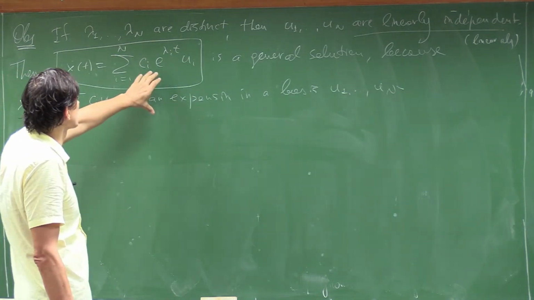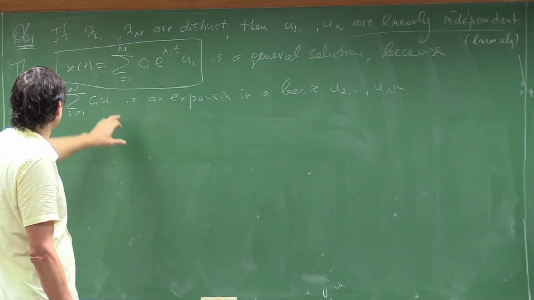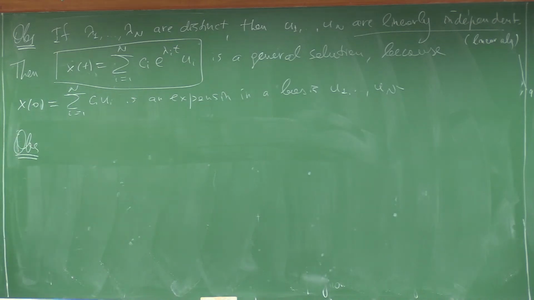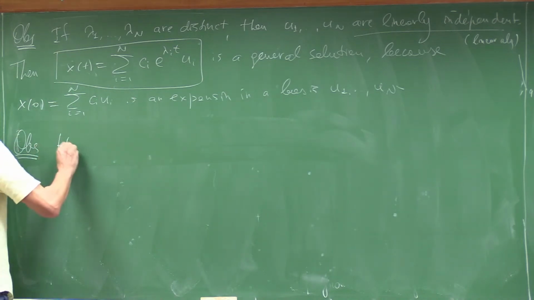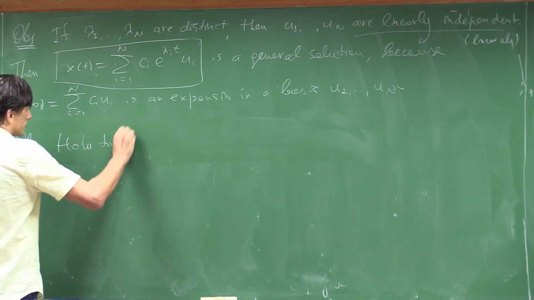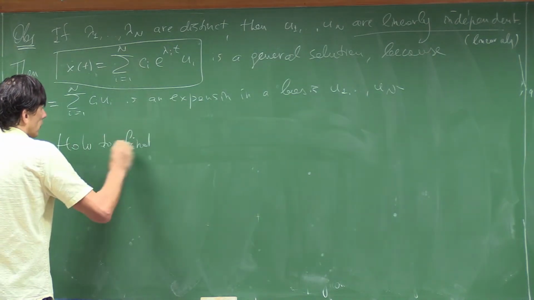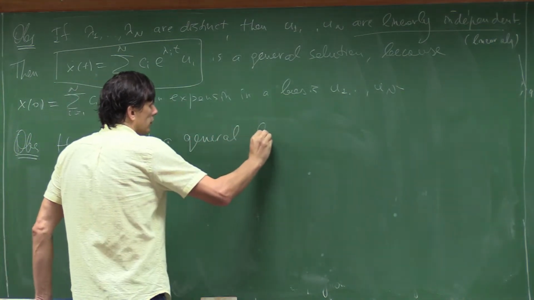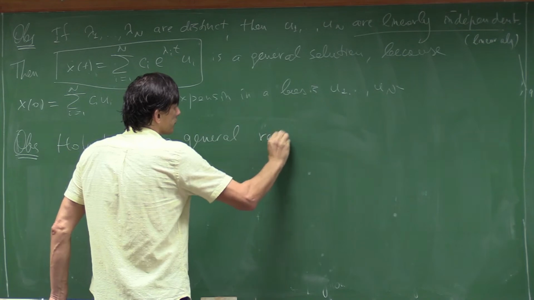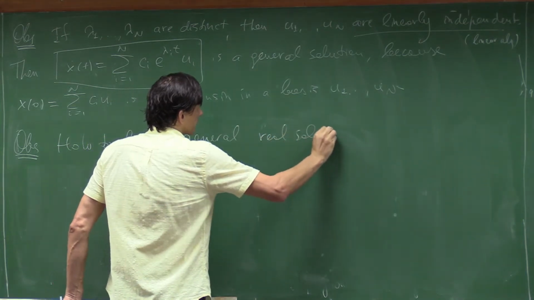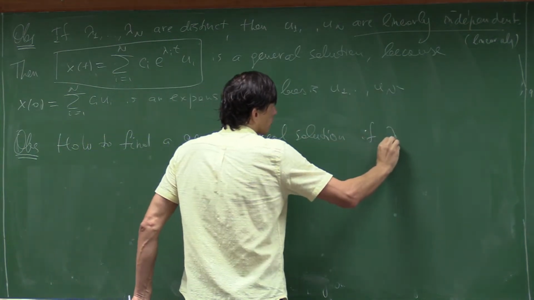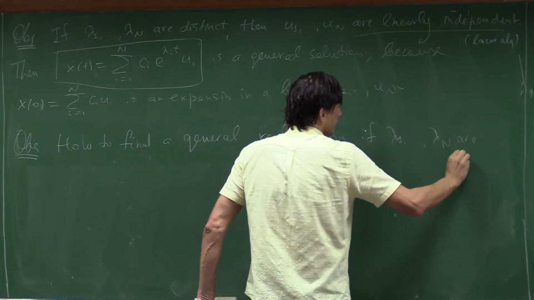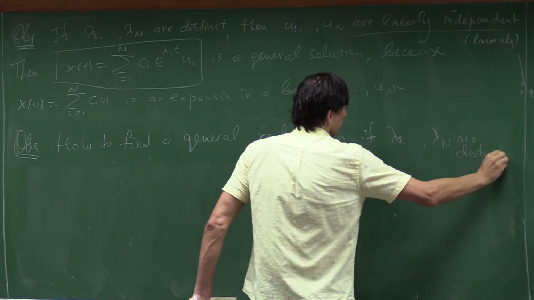The first part is that you can find a general solution which is complex. So everything is complex. How do you find a general real solution if all eigenvalues are distinct?